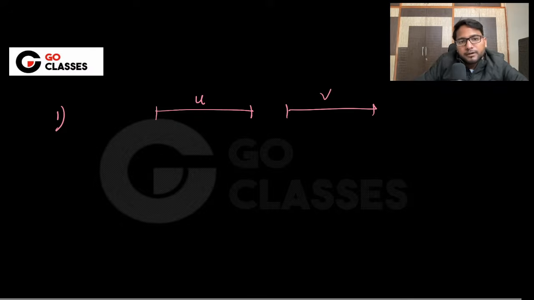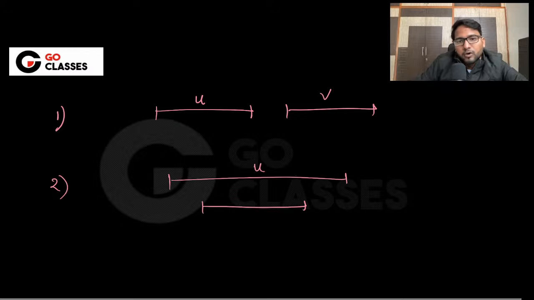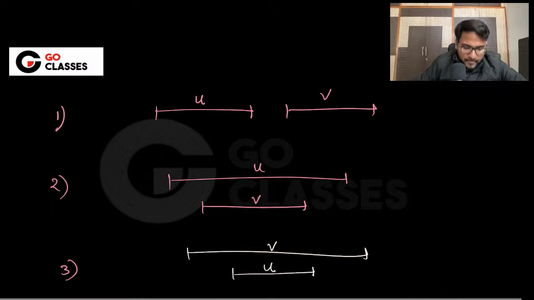Either this will happen, or this will happen, or this will happen. They are saying only three possibilities are there. This is V, this is U.